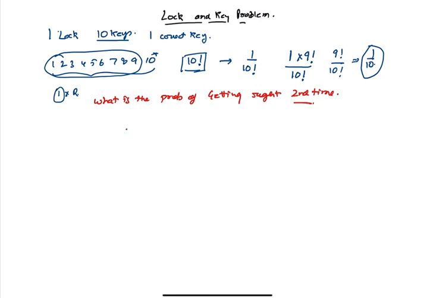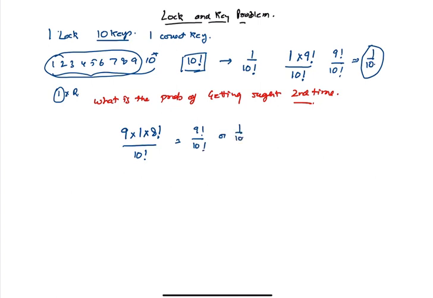So that's why it's not going to be factorial, it's just 9 possible keys that you can pick. In the second round, you pick the right one, which is only 1, but in the third position, any of the 8 factorial combinations can come in, and the total possible is still 10 factorial. So that essentially becomes 9 factorial divided by 10 factorial, or 1 out of 10.